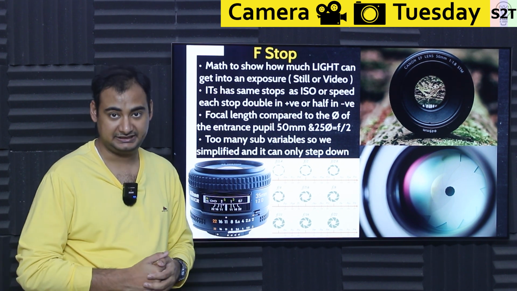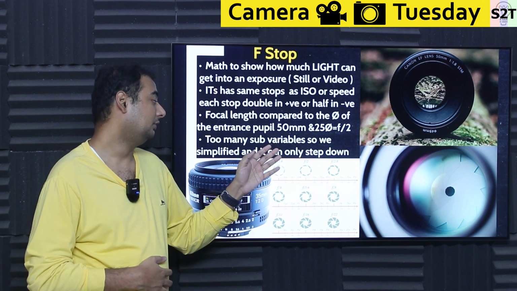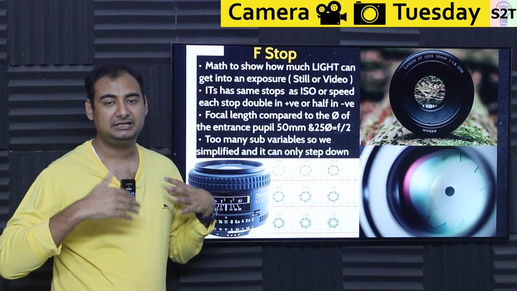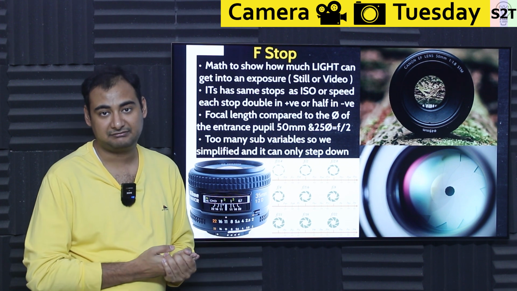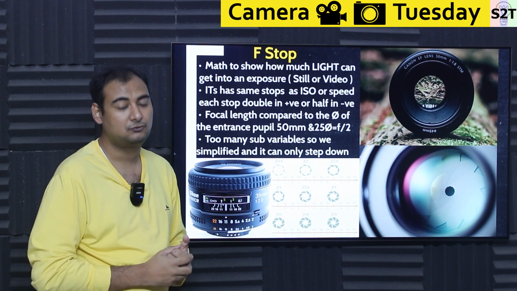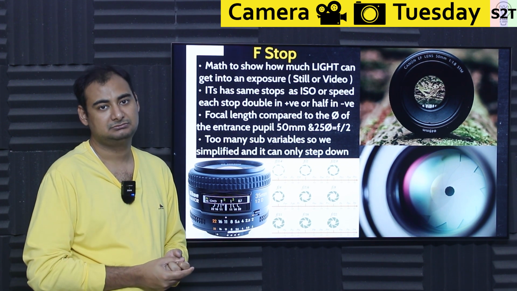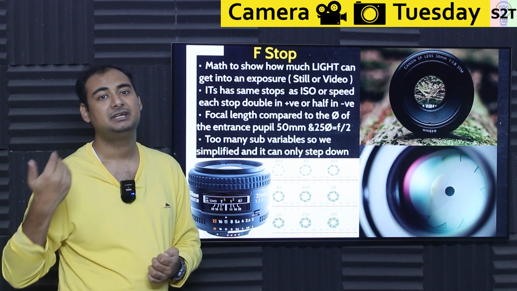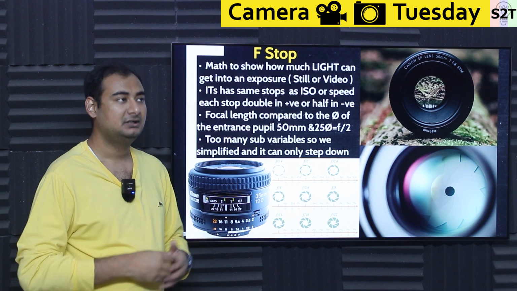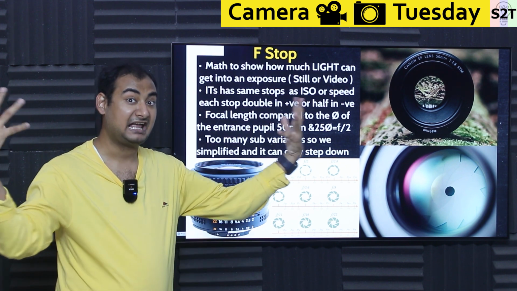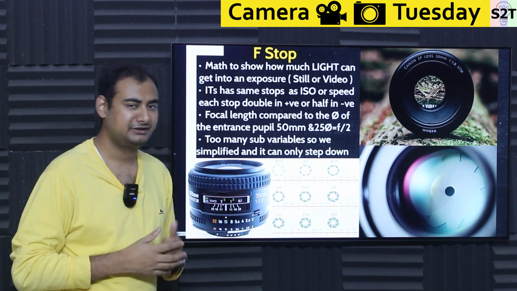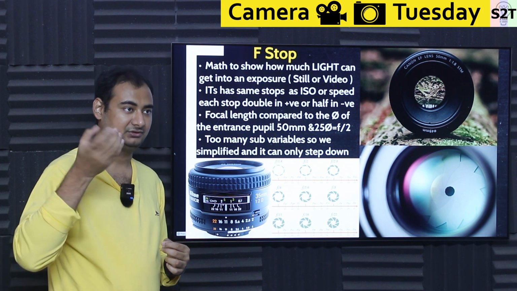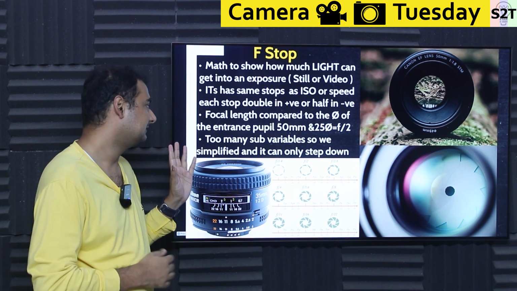For example, f/1.8 or f/2 or f/2.8 become interchangeable. If you have f/2.8 on a 400 mm, you should have the same exposure setting even if your lens is 50 mm instead, more or less. Now be mindful: when you have a wide angle, more light sources fall onto your lens, so your exposure does go up a bit and you have to compensate for it. So that's the whole point.